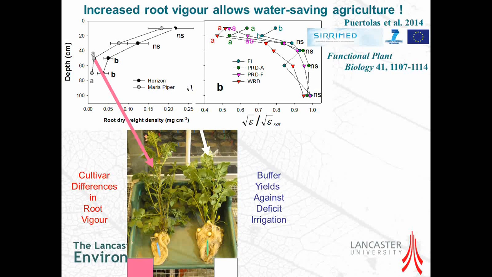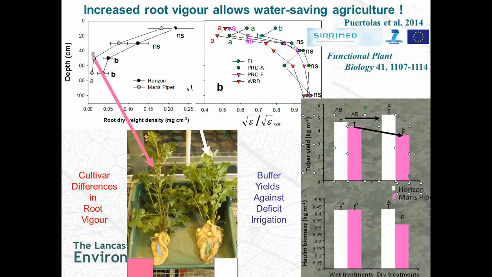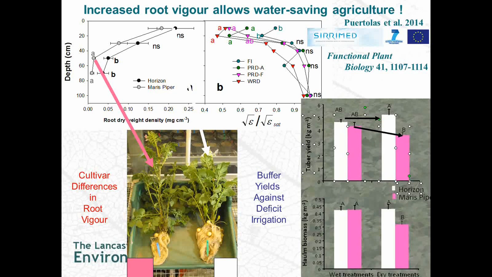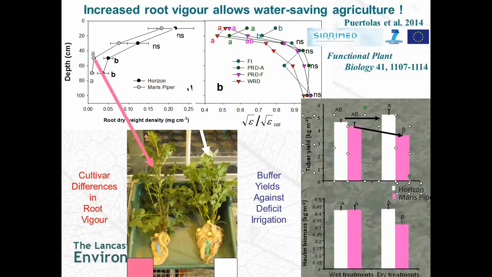Now, when we impose partial root zone drying on these two cultivars, we can see that the Maris Piper shows a decrease in tuber yield and a decrease in shoot biomass with these partial root zone drying treatments. In contrast, the Horizon variety showed no real difference in yield as a response to partial root zone drying.